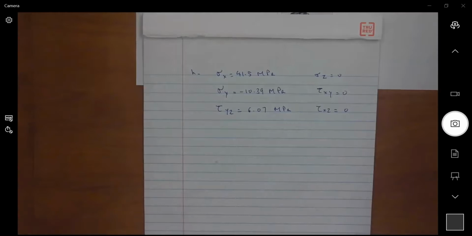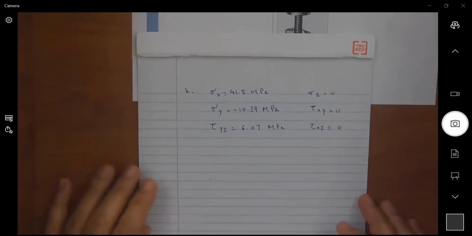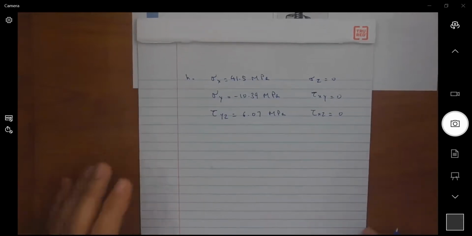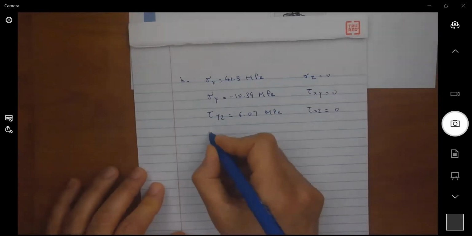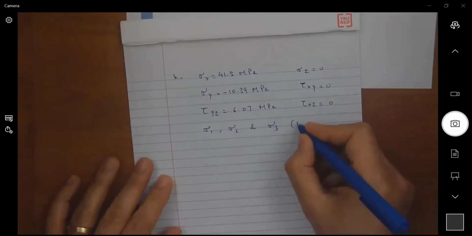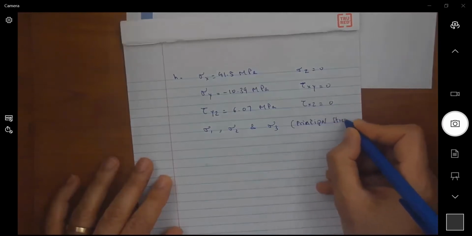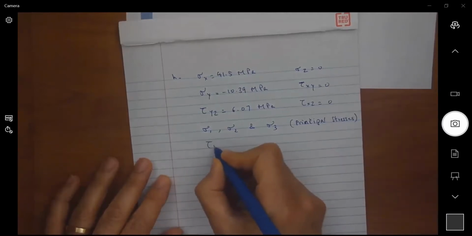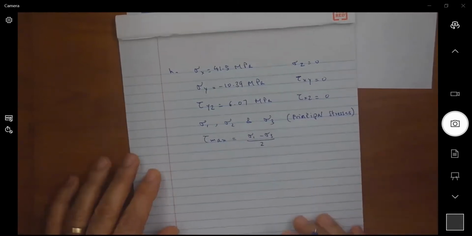So these are the stresses that we just calculated. In order to find the maximum shear stress, we need to find the principal stresses, sigma 1, sigma 2, and sigma 3, because the maximum shear stress, tau max, is equal to sigma 1 minus sigma 3 divided by 2.